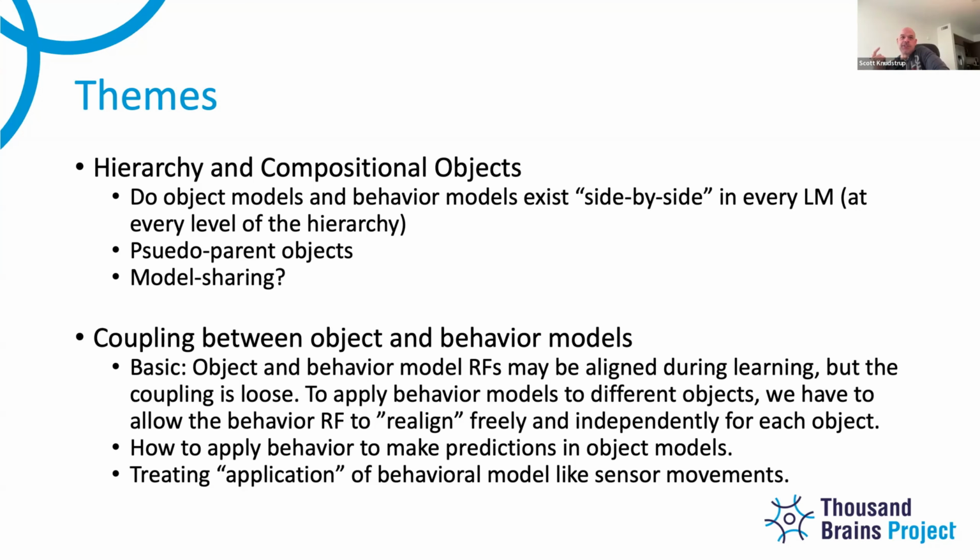Right. So I guess the question is, what are behavior models doing at the lowest level? You could still have a behavior model that can recognize behaviors, but you wouldn't be able to apply the behavior to a child object because there's no lower level. But it should still be possible to learn about changing things in the world and to recognize them again later on.